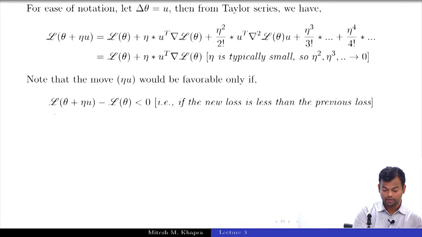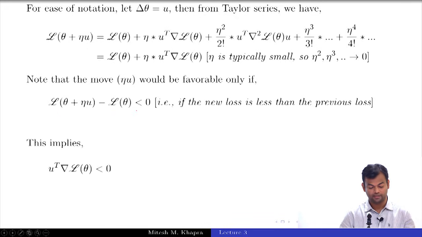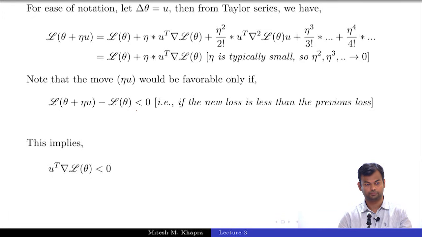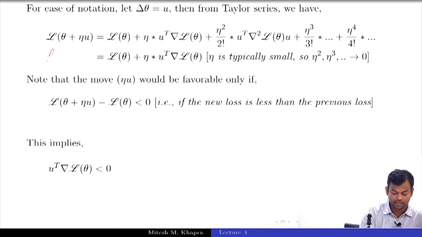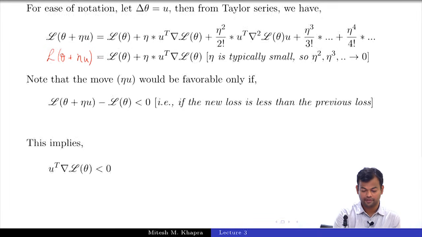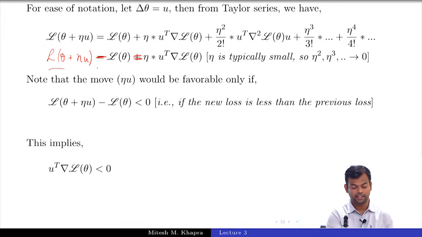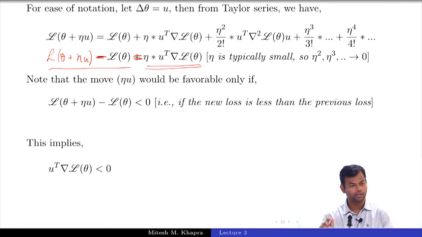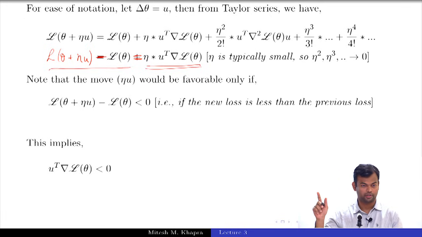Now, this condition actually implies that this condition should hold. Right? This is L of theta plus eta u, right? So if I just do minus here, I get this, right? So this quantity, which should be less than or equal to 0, implies that this quantity should be less than or equal to 0. And remember, eta is a positive constant.